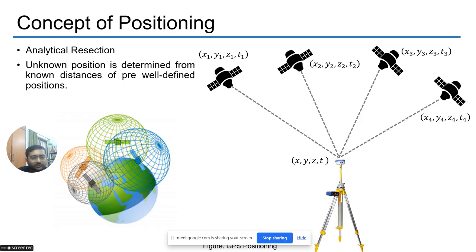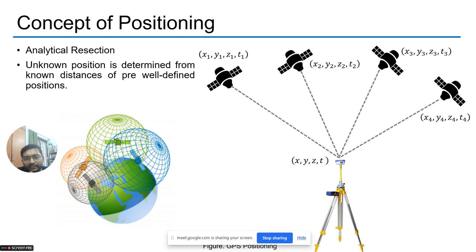But the problem is that when the satellite is transmitting the signal, it has very high resolution clocks, which are made up of cesium. Because of that, there is a satellite clock error, and because of that, when this signal reaches the receiver, it has some time delay.